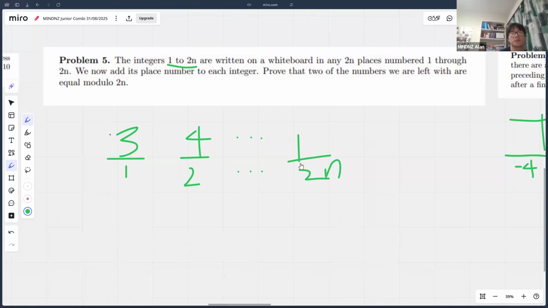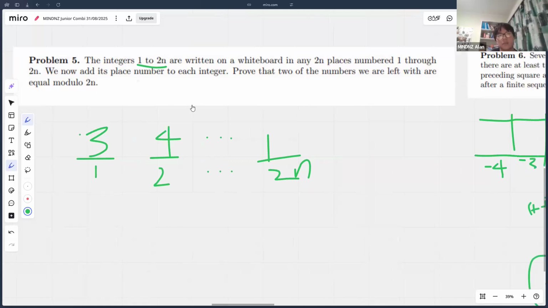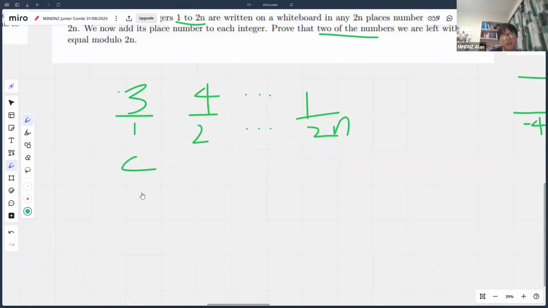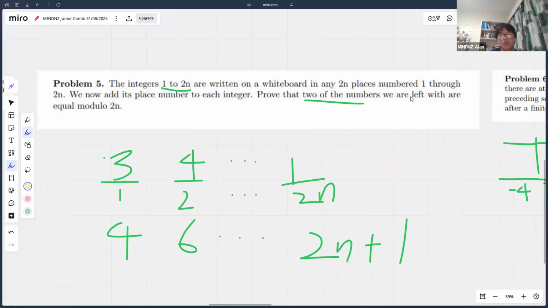So it's random positioning, and then we add its place to each number, and we get 4, 6, dot, dot, dot, 2n plus 1. Right, because we just add them. Oh, this is not a dividing sign. And then we need to prove that there are two numbers that are left that are equal under modulo 2n.